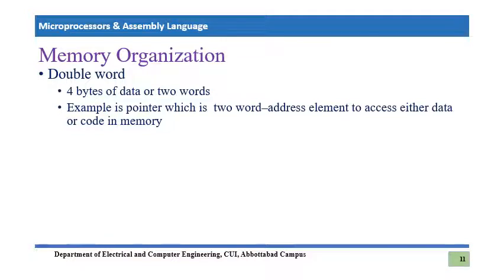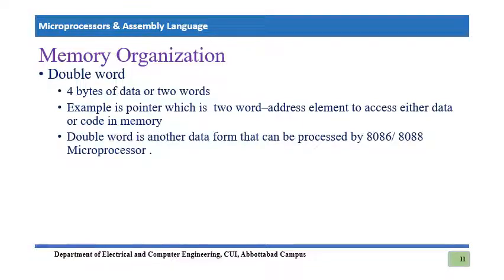And the common example is pointer. Pointer is a word which refers to the memory location where 4 bytes of information can be stored. It can be any memory. It can be data memory or code memory. It doesn't matter here.